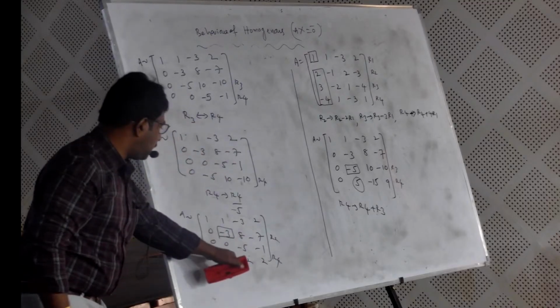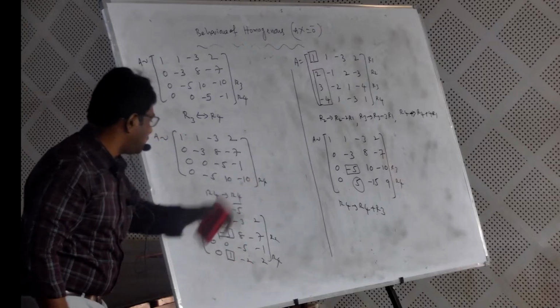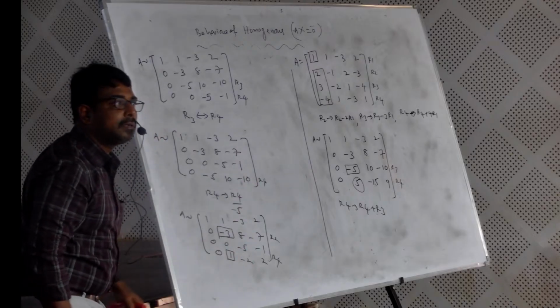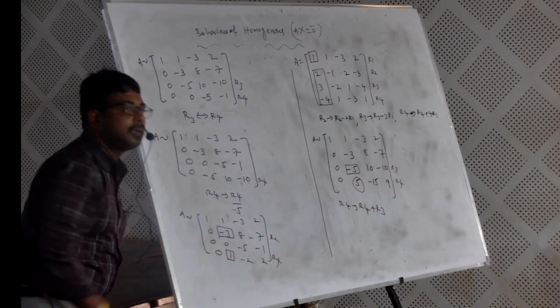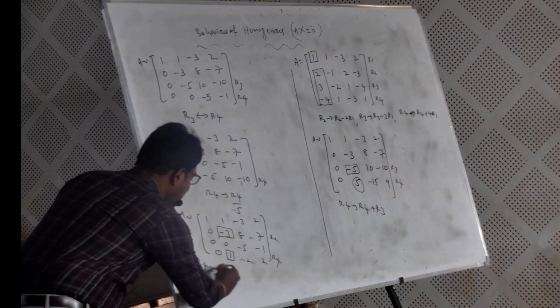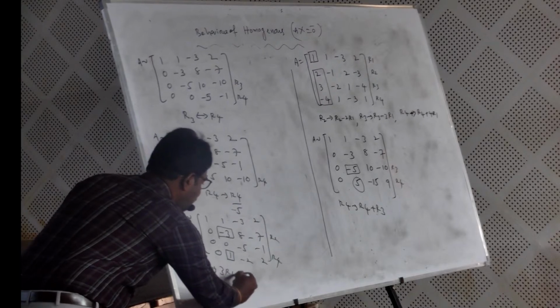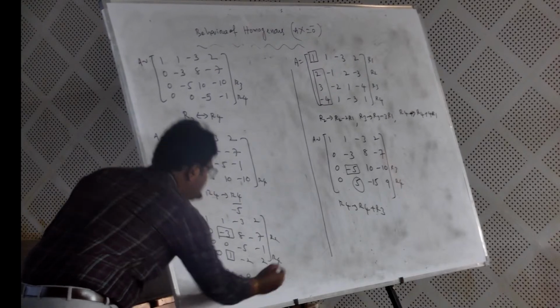Make and convert this 1 to 0 using minus 3. What is the operation? It's important. Make this element 0 using minus 3. R4 implies 3R4 plus R2.